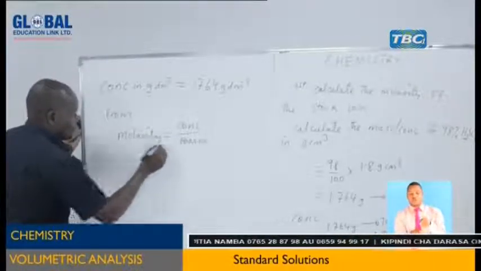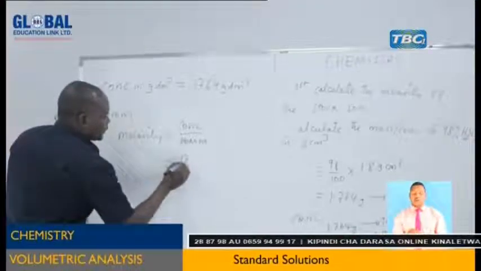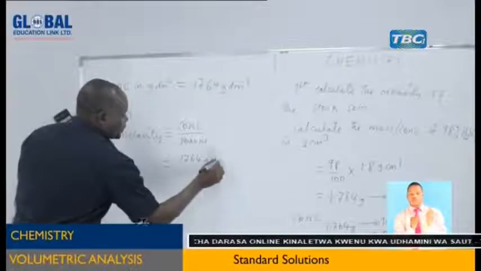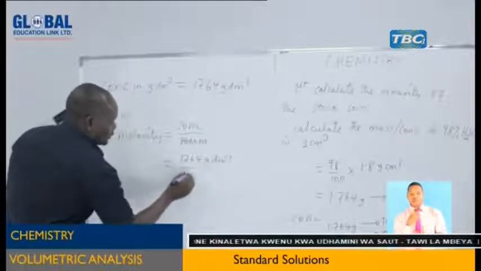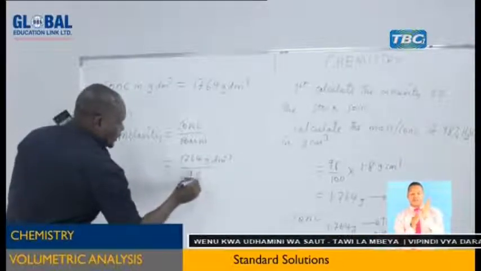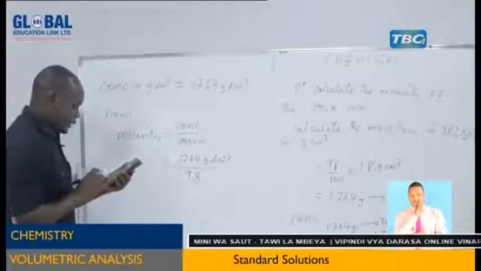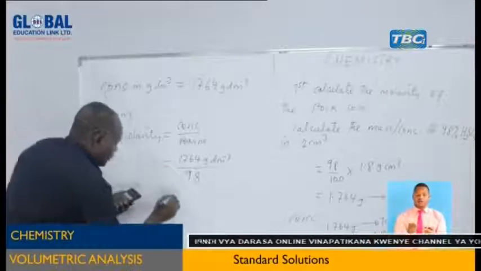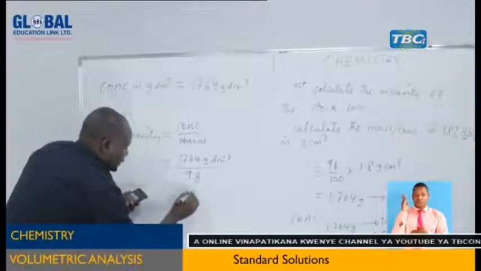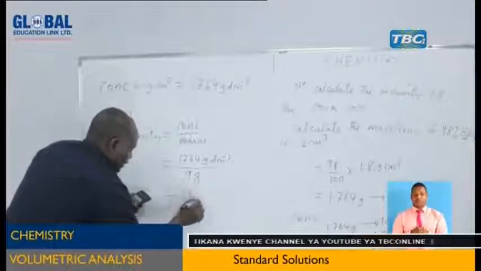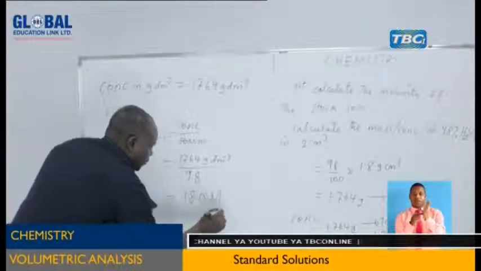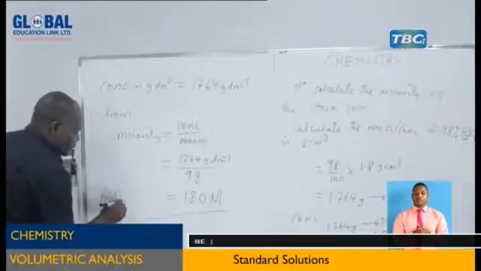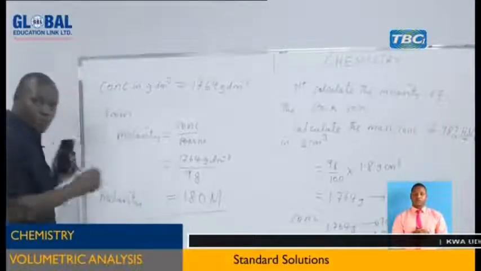So here the concentration is 1764 gram per decimeter cubed, and you divide by the molar mass of sulfuric acid, which is 98. If we calculate it, you end up getting 18.0, and this is the molarity of the stock solution in that bottle.